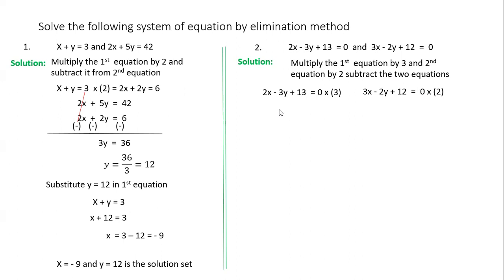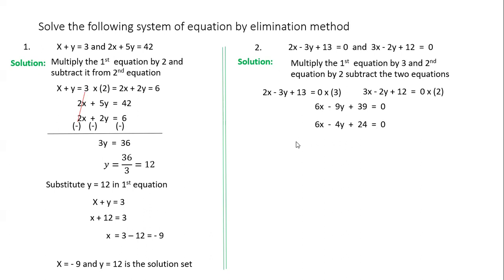If you multiply this, it will become 6x minus 9y plus 39 is equal to 0. Second equation, 2 3s are 6x minus 2 2s are 4y plus 2 into 12 is 24.